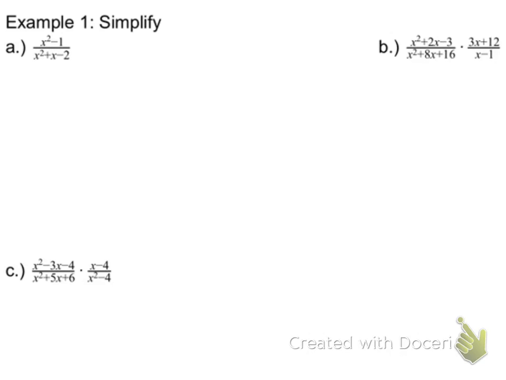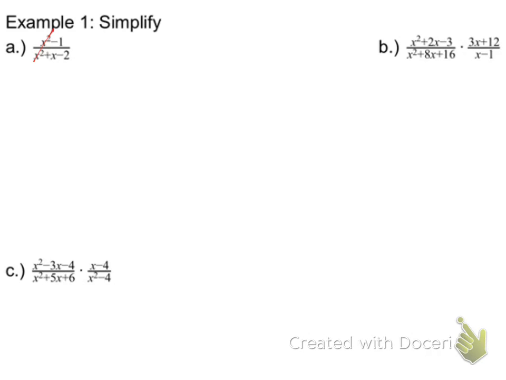The first example is x squared minus 1 divided by x squared plus x minus 2. Our goal is to simplify this. Rookie mistake. Algebra 2 first day. They want to do this.